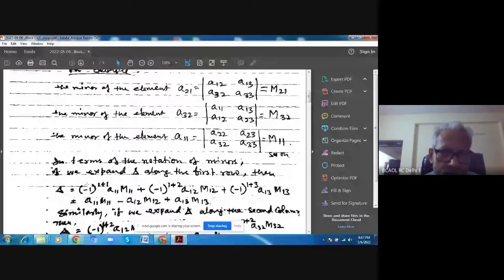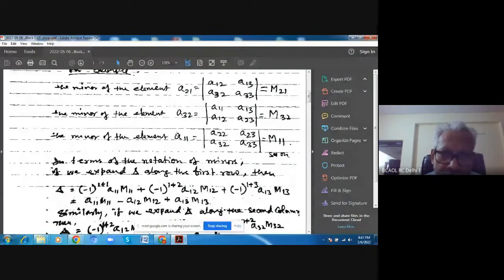Some sort of notation is there: in bracket -1, then on top 1 plus 1, nothing else. First row, first column, suppose this is A11. The notation we will put for this A11 is -1, and the 1 1 you simply make 1 plus 1 on top.